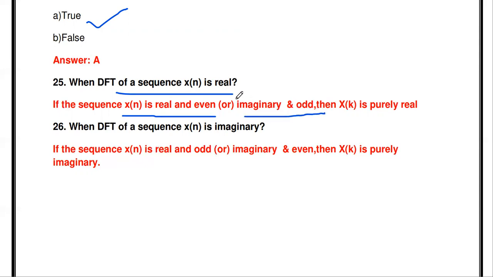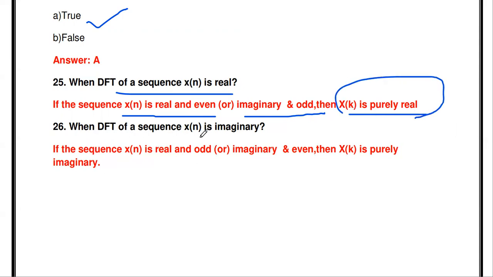If x of n satisfies these two conditions, we will get the X of k values purely real. Just remember these are some of the important points. Whenever the input sequence x of n is real and even or imaginary and odd, we will get the X of k values purely real.